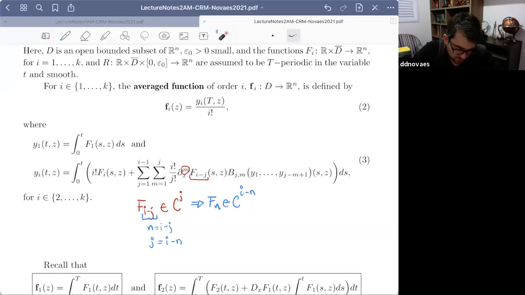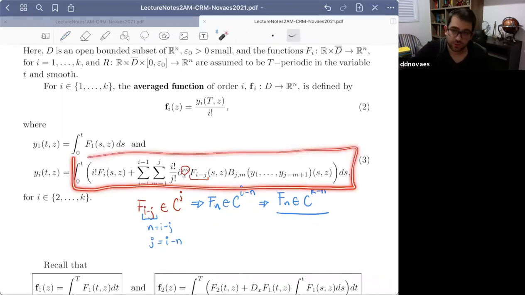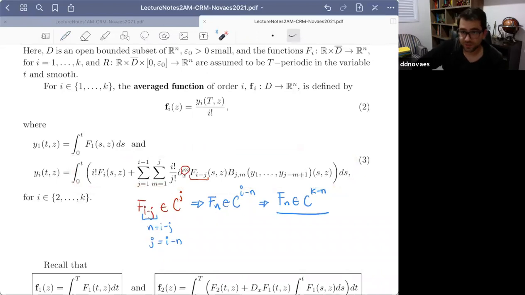Since I'm computing these functions for i up to k, then we see that f_n belongs to this class of differentiability. So this is the minimum class of differentiability such that this integral can be computed without any problem.